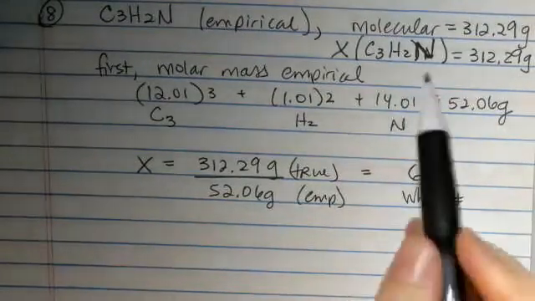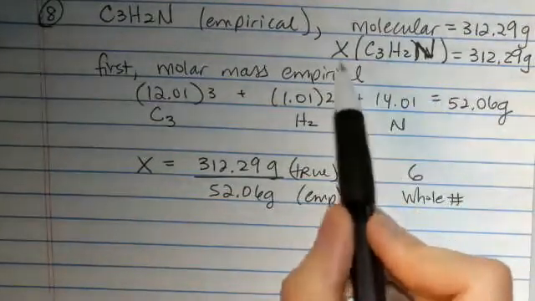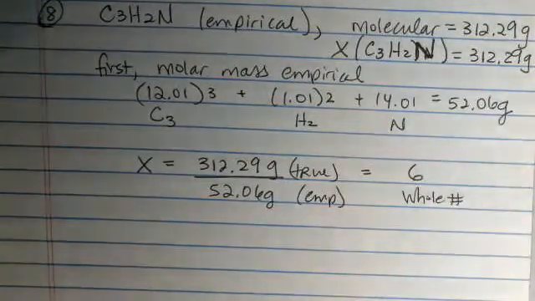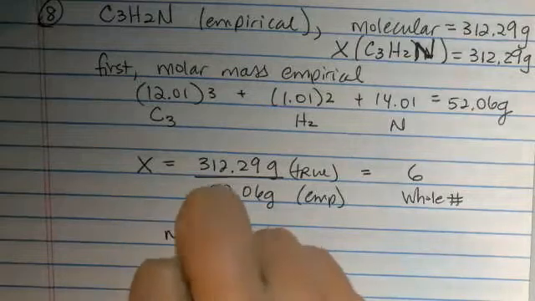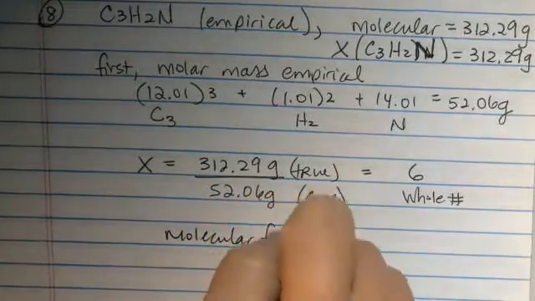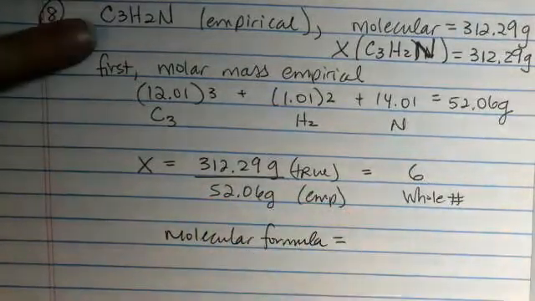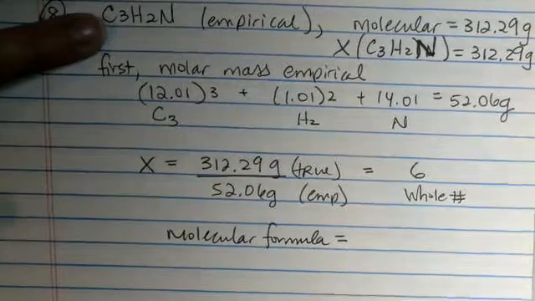So what I now know is that empirical unit repeated 6 times until I get to the true compound of 312.29 molar mass. So for my true molecular formula, I'm going to take my empirical formula and multiply all the subscripts through by 6.